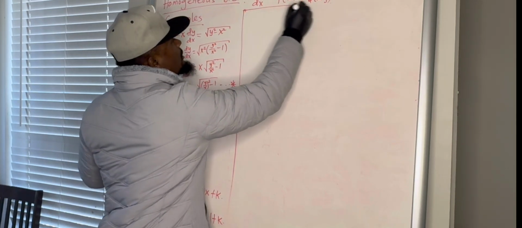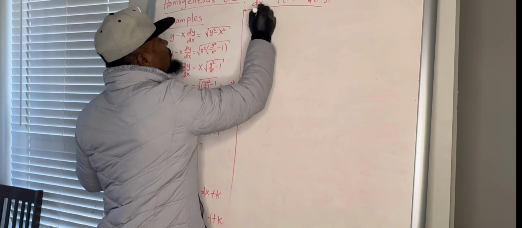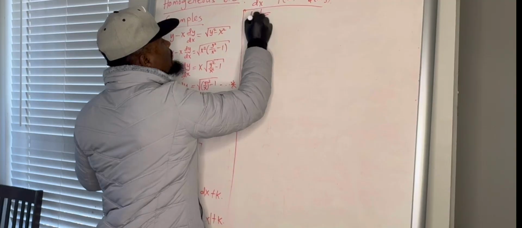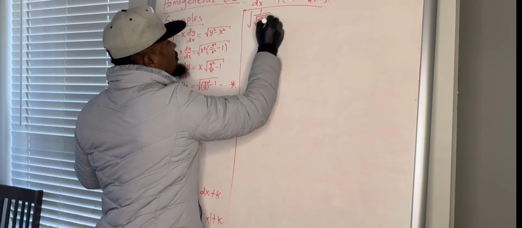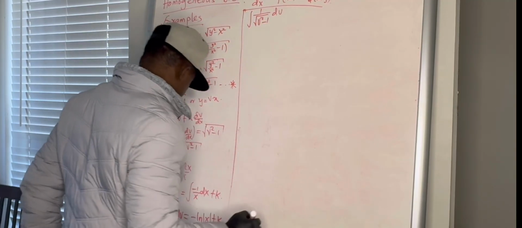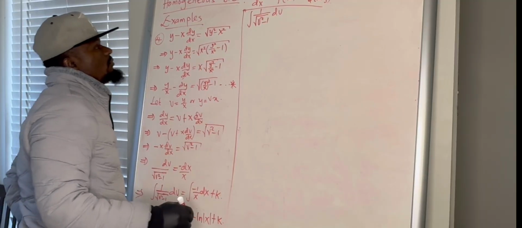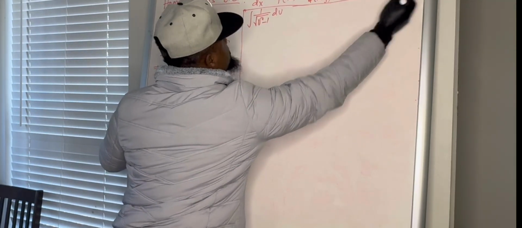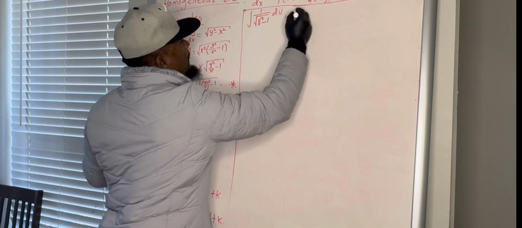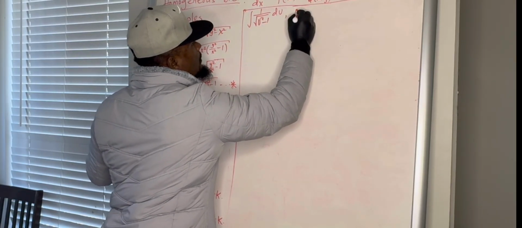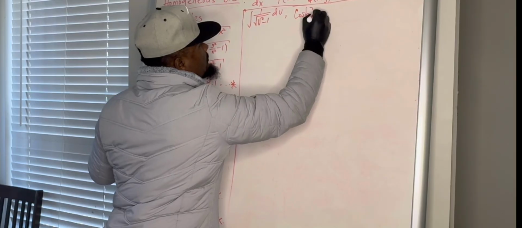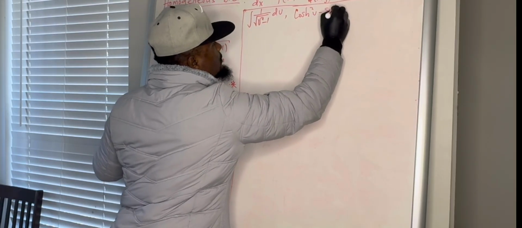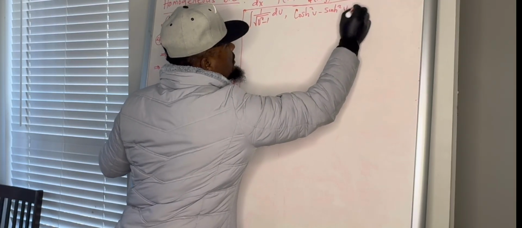Let's consider the integral of 1 divided by the square root of v squared minus 1 dv. From hyperbolic functions, we know that cosh squared v minus sinh squared v equals 1.